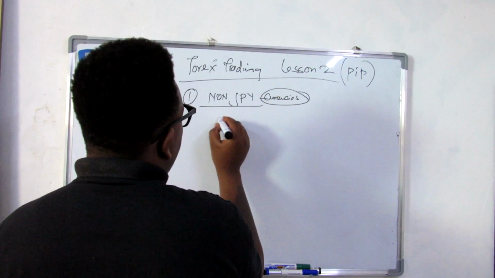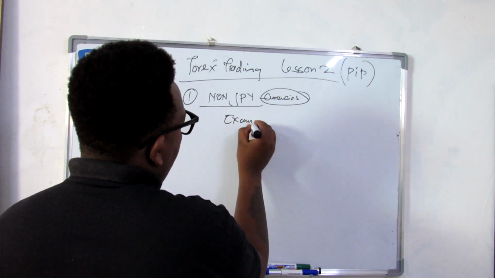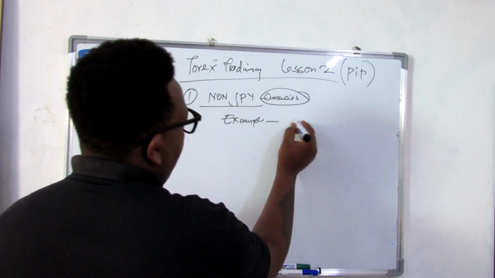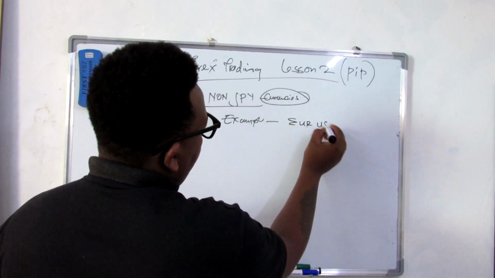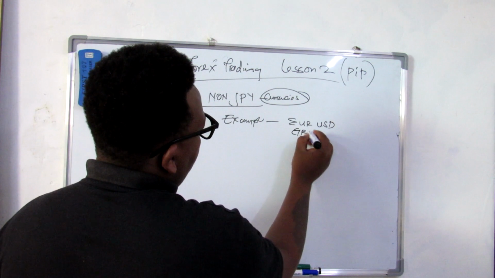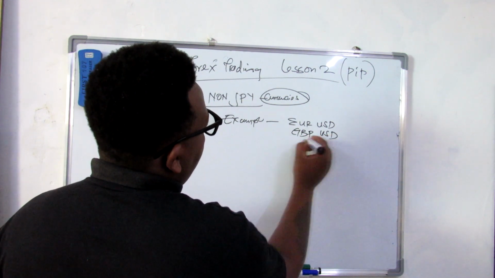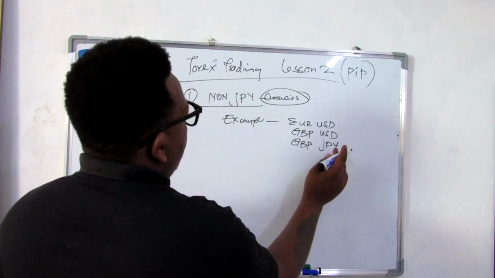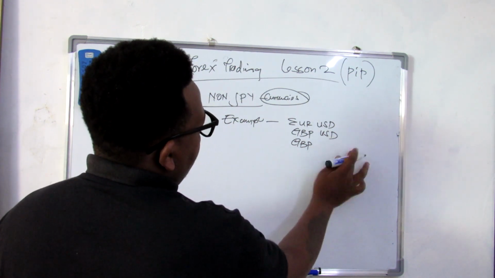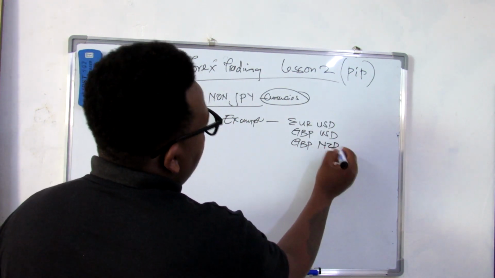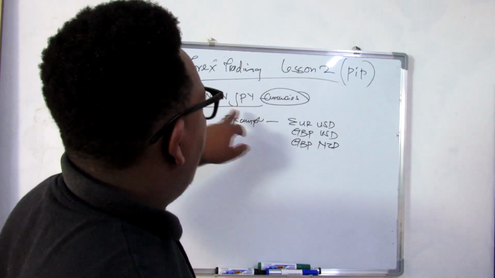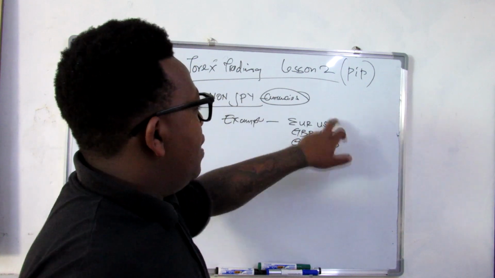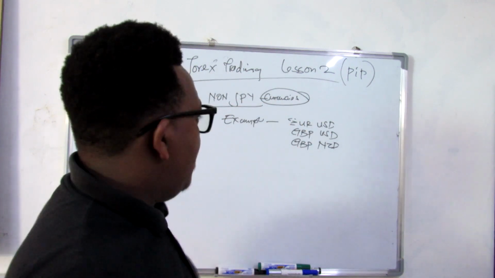For example, let me just show you an example. The non-JPY currencies such as Euro USD, we have GBP USD, we have NZD. What I mean by the non-JPY currencies are all the currency pairs that don't have JPY in their combination. Hopefully that's clear.